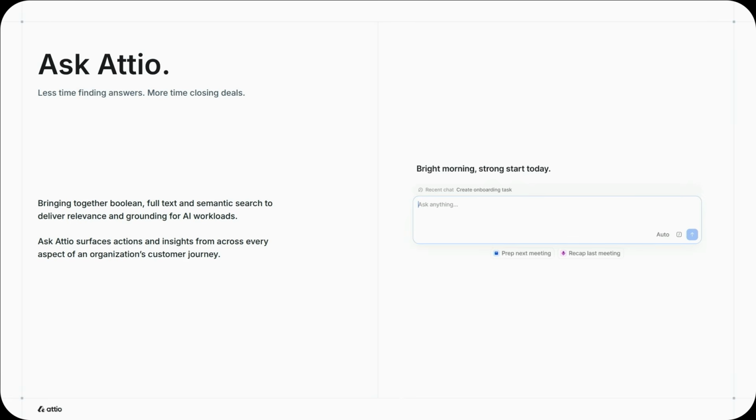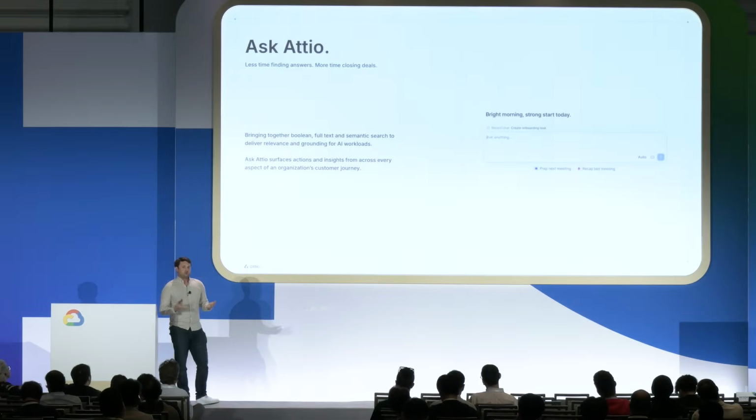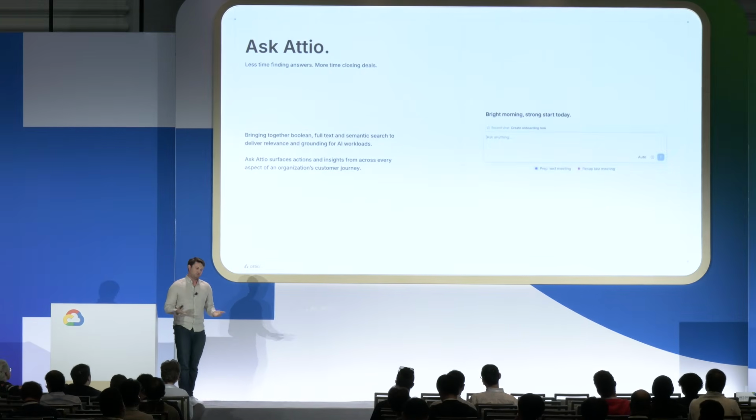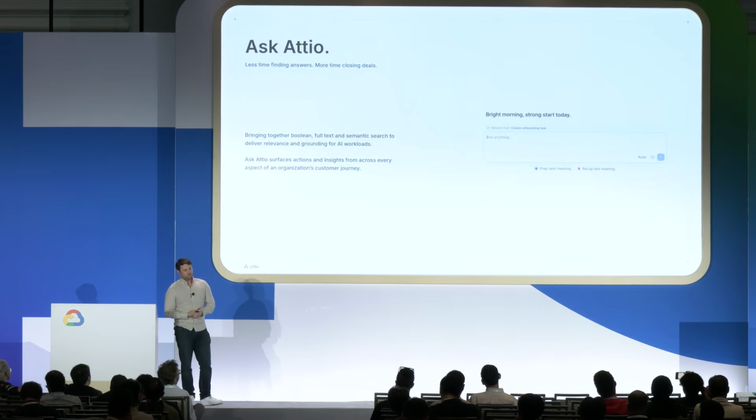And then we recently launched Ask Attio. You guys have spent the week at Next and you've heard a lot about agents. It's our agentic interface, our chat interface. And Ask Attio brings together all three of these modalities: vector, full-text search, and Boolean search, as well as raw SQL queries, all inside of one single chat surface.